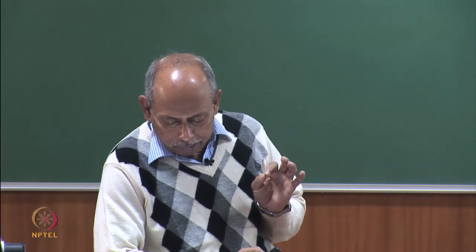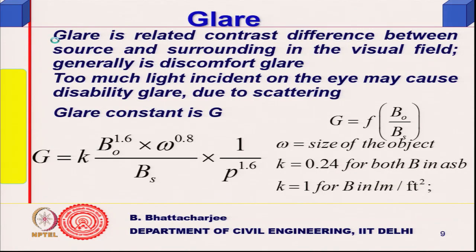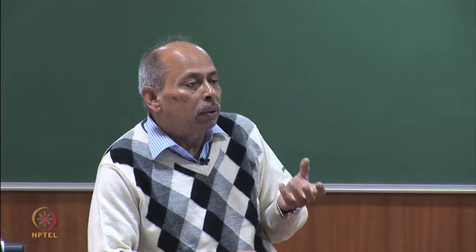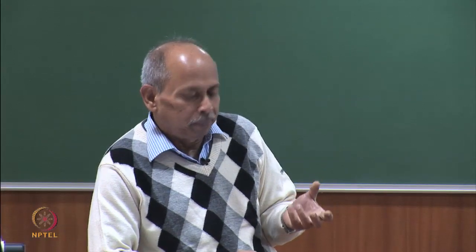It was given by 0.24 B0 to the power 1.6, omega to the power 0.8, by Bs, 1 by P to the power 1.6. So, using this formula you can calculate out the glare constant for each individual source.